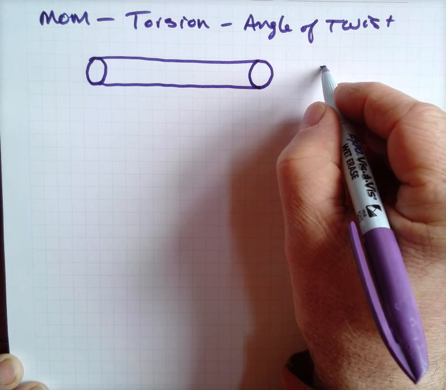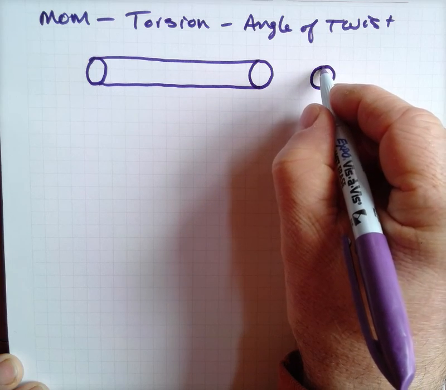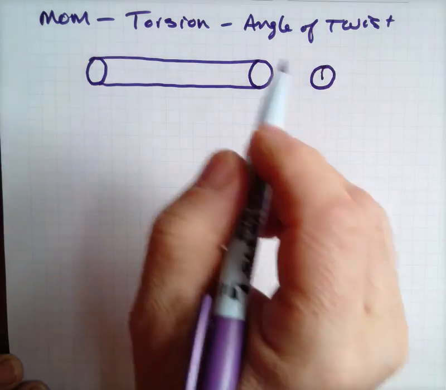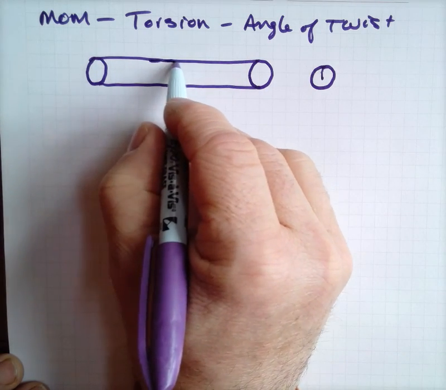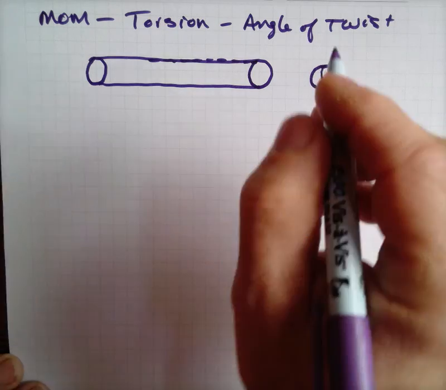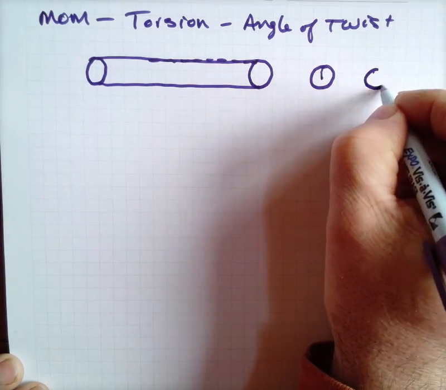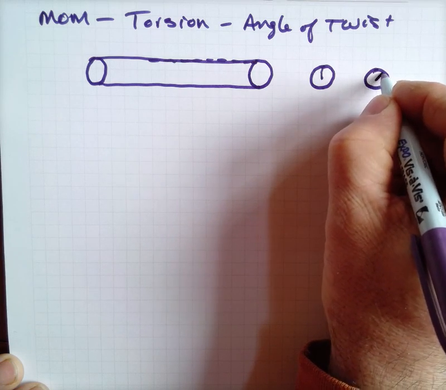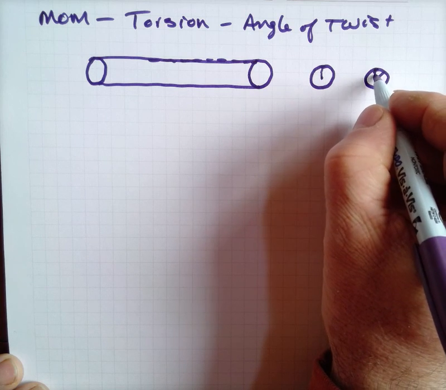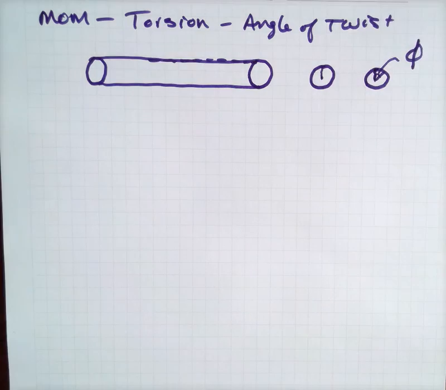If we were to take a look at what a line would look like if you had no torsion on the shaft, that line would be right along the top of the specimen. And now you twist it, and now that line has moved, has deformed. The amount that it has deformed we call the angle of twist.